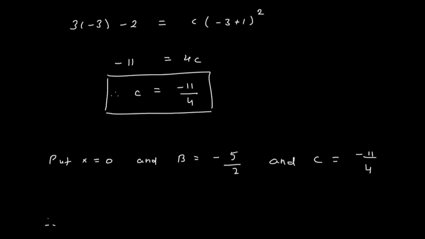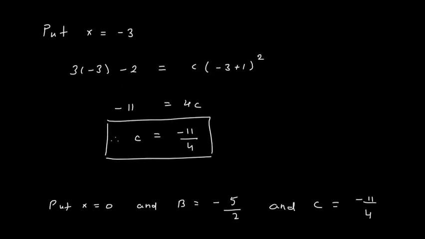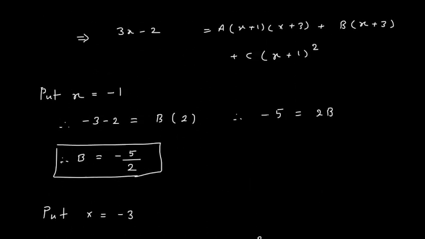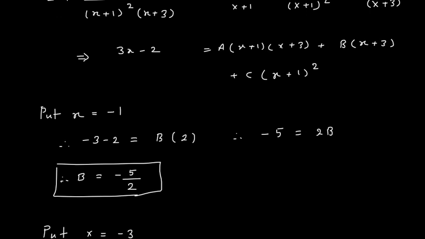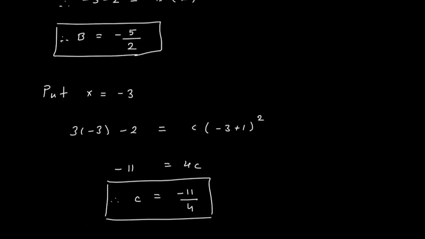So therefore it is 3x minus 2. So here I will get minus 2 is equal to, now with a we have x plus 1 into x plus 3. So here it will become 1 into 3. Then plus I have b, which is minus 5 divided by 2.